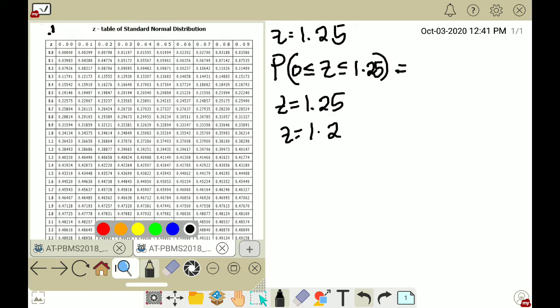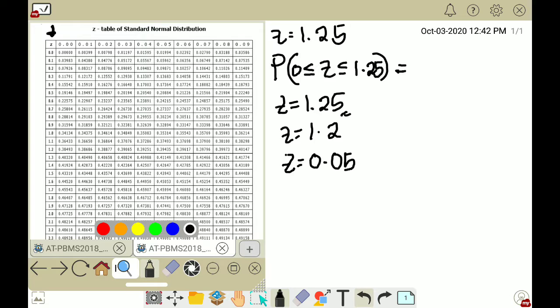Next, the hundredths part: replace 1.2 with 0 and copy 5. If you add them, 1.2 plus 0.05, that's still 1.25.